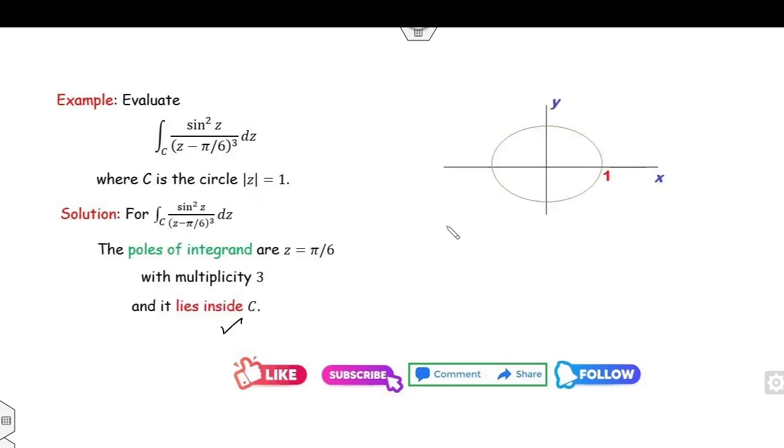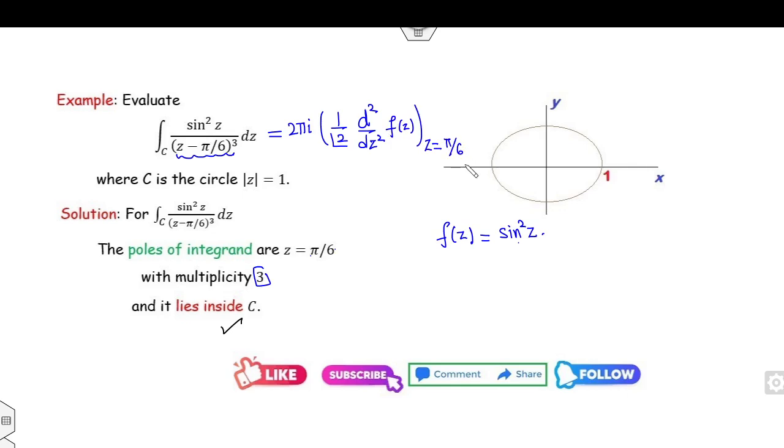Once it lies inside the circle, can you take the value of f(z)? So your f(z) is apart from the pole. Apart from (z minus pi by 6), what is left? It is sine square z. So your answer, since multiplicity is 3, I can take as 2 pi iota over (3 minus 1) factorial times the second derivative of f(z) at the point z equal to pi over 6.